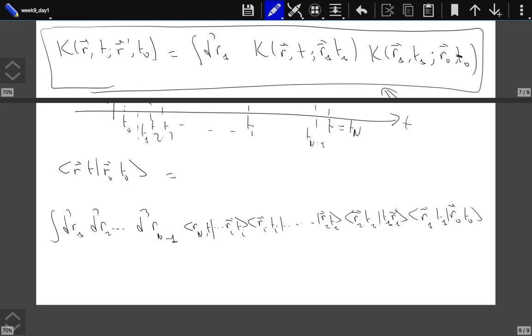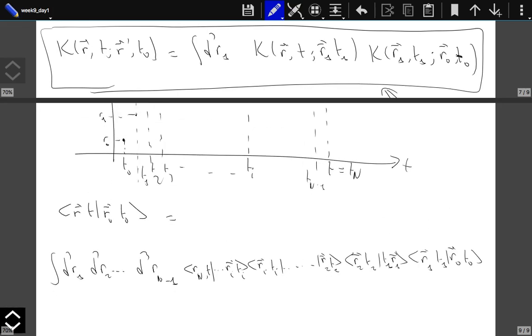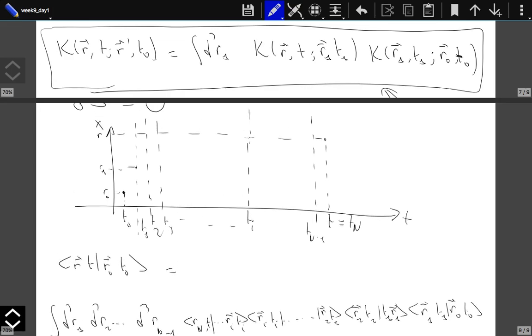So this is my propagator now. But you see, that integration is nothing but summation. So basically what we do is, at r0 I start from some value, at r1 there is another value, at r2 at t2 another value, at t3 another value, at ti another value, at tn minus 1 another value, and from tn minus 1 I go to, at the time t, I reach r.